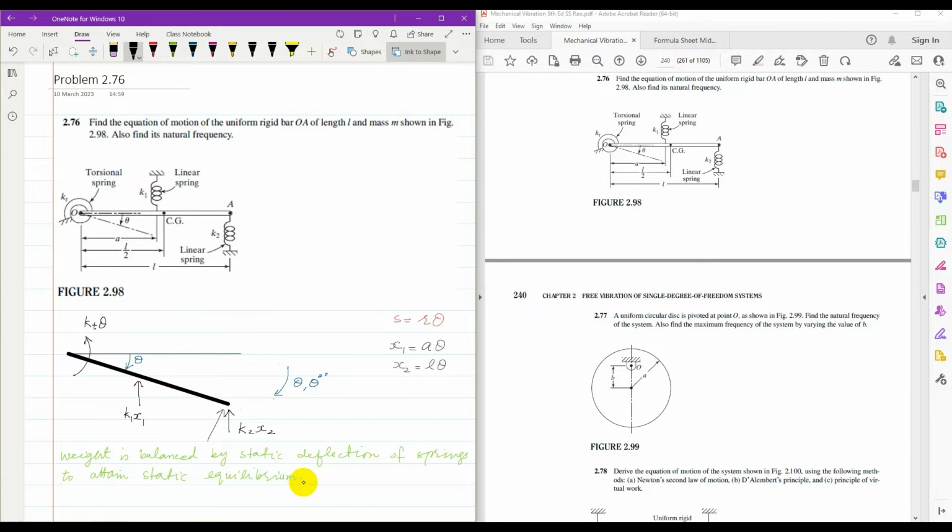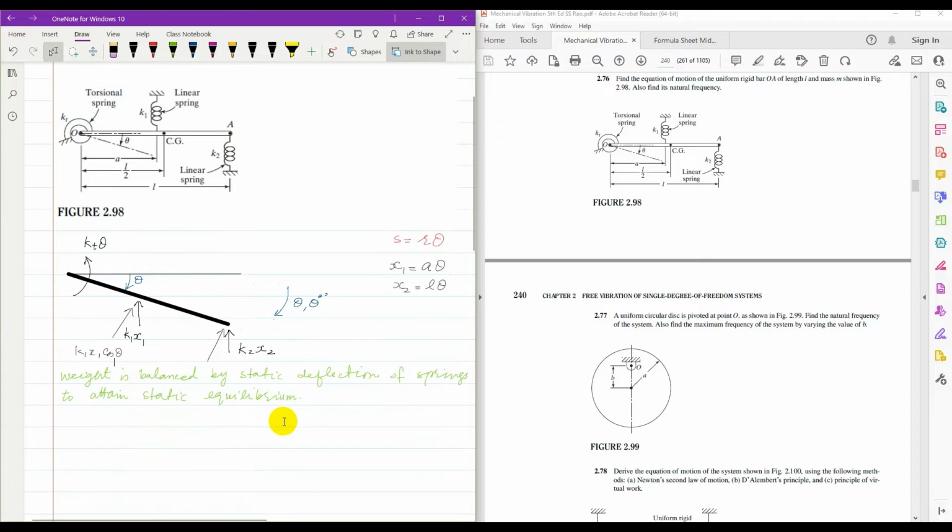So now I need to resolve these forces perpendicular to the rod, and those forces are K1 x1 cosine theta, and the assumption here is that theta is small, nearly equal to 0.